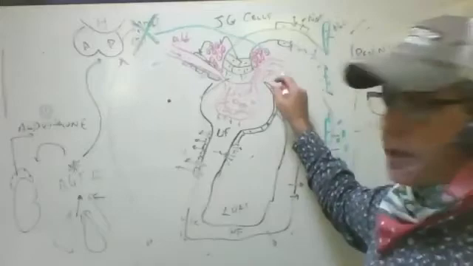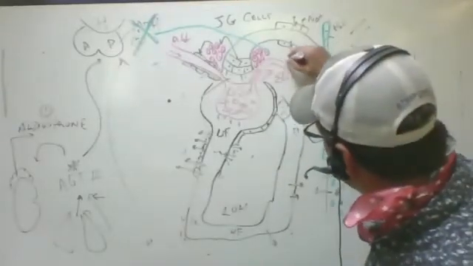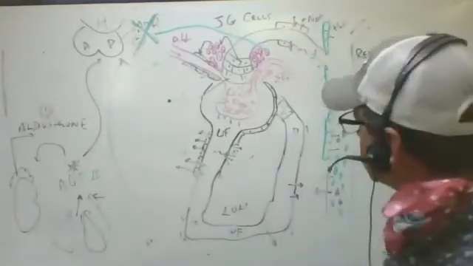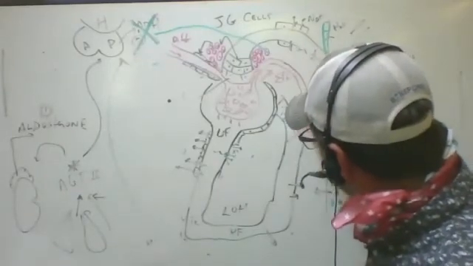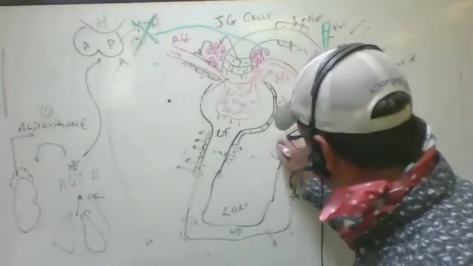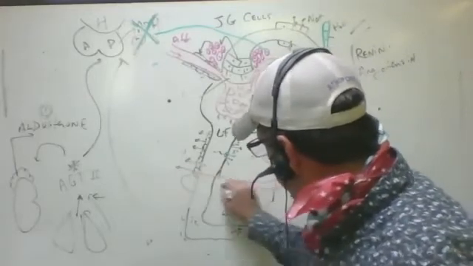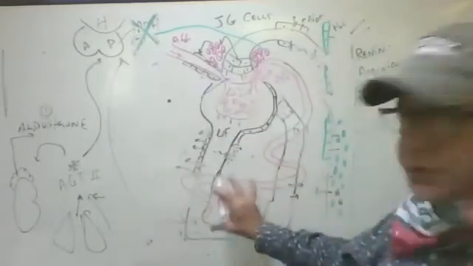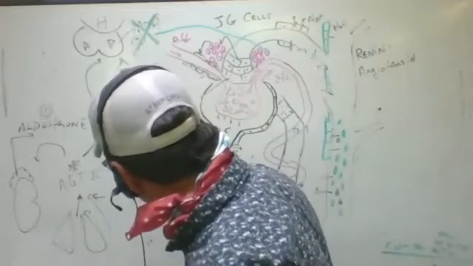Okay, this blood doesn't just go back to the heart. This blood wraps around the renal tubules. This is the efferent arteriole here. And this blood comes as vessels and wraps all around this renal nephron before heading back to the heart.